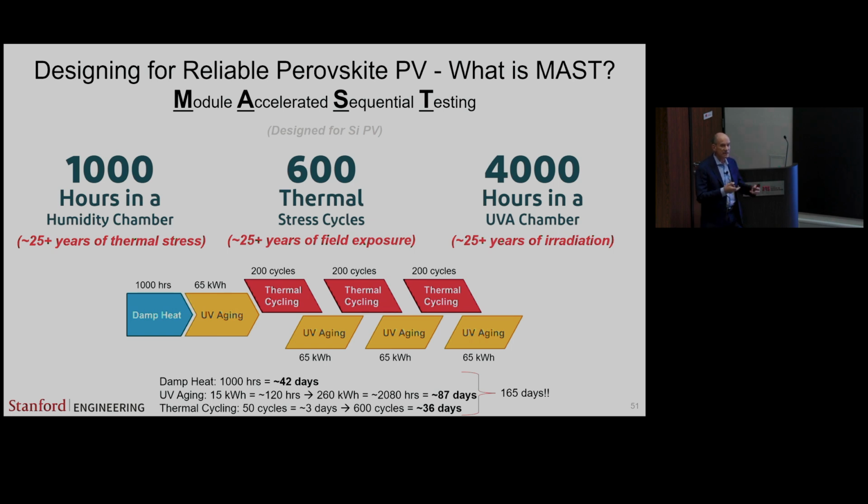It's this sequence of events which accelerates degradation. And these were designed for silicon cells. Now, if you try and do this to a perovskite cell, you won't get very far. You basically degrade the system quickly. And in any event, if you were to do this entire process, it's really about 165 days of testing. We need something much faster.